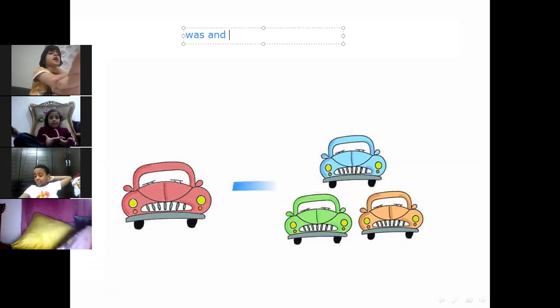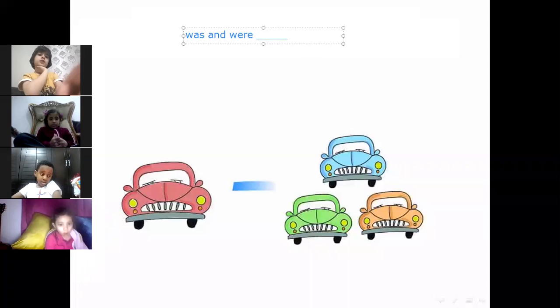Look at here. If we saw one car yesterday, we will say it was, for example, fast. The car was fast. Look at here and concentrate. We use was and were to talk about the past. Was and were to talk about what? Past.